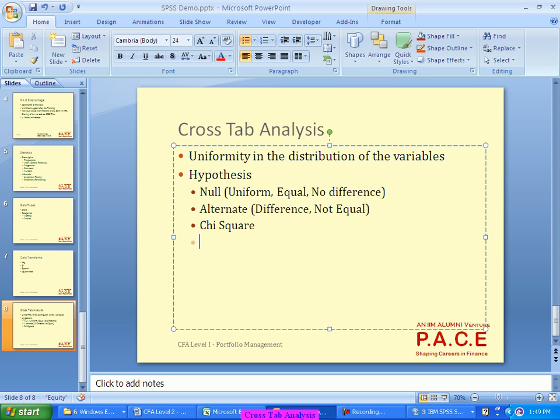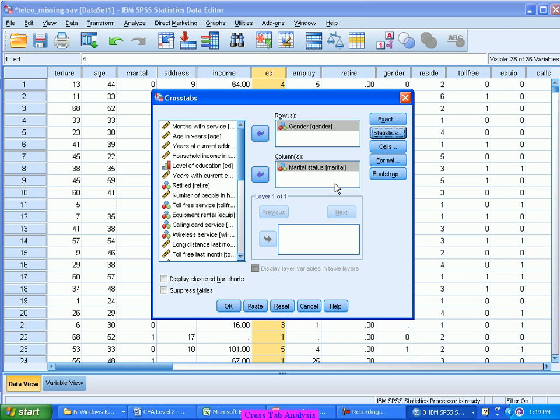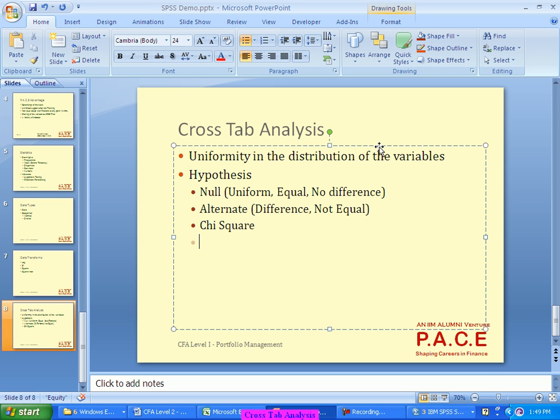So now if I have to apply that, I am saying these are my two variables, and chi-square test has to be applied, because my objective-wise, my null hypothesis is there is no difference in the distribution, and the alternative is there is a difference. So this statistical test should tell me whether I should go with null or with alternate.